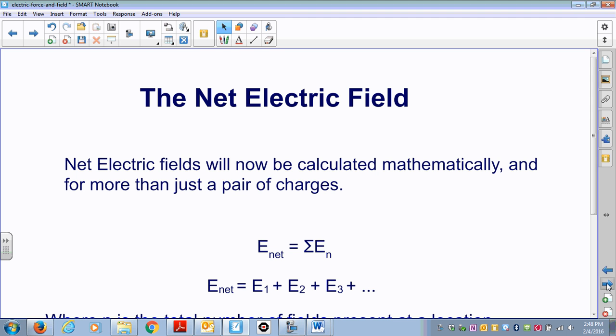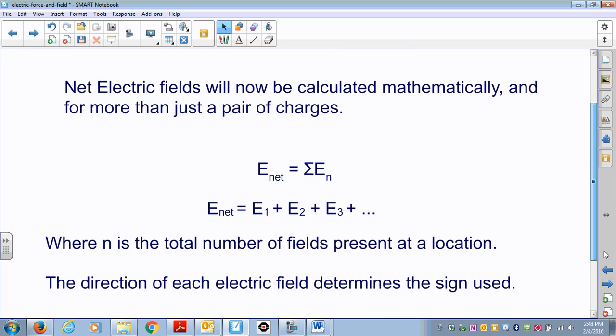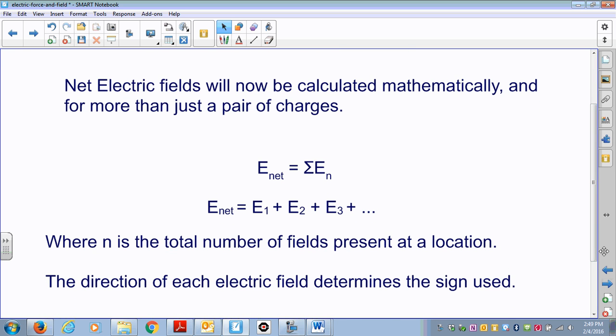Net electric fields will now be calculated mathematically and for more than just a pair of charges. So in order to find the net electric field, we have to add up the individual electric fields that are produced by each charged object. Here, notice that the net electric field is equal to the sum of all the electric fields, where N is the total number of fields present at a location.